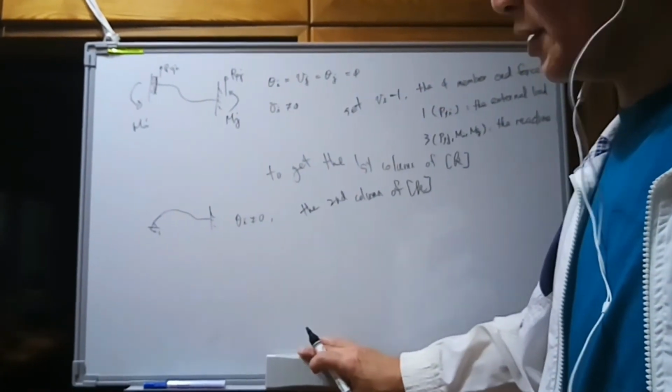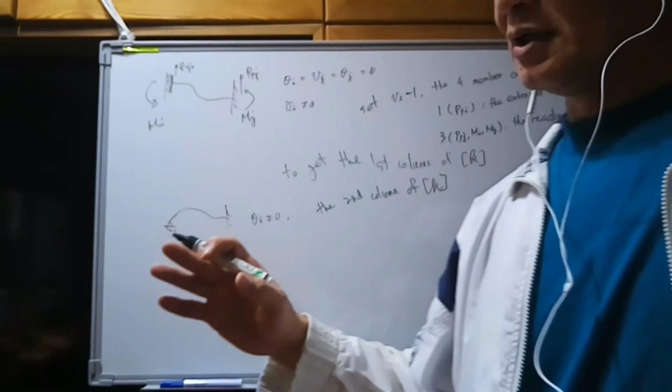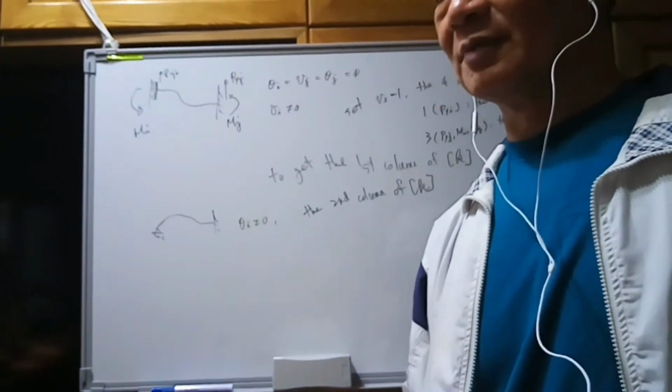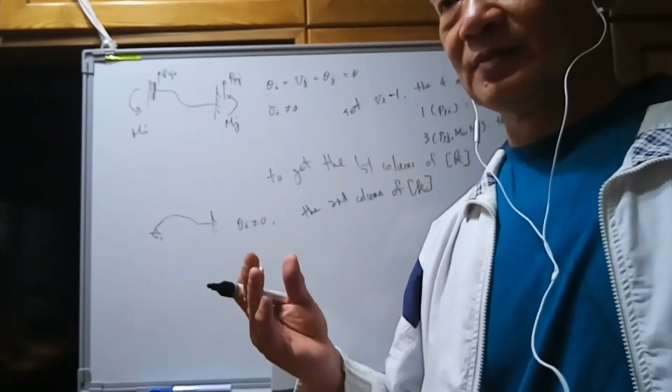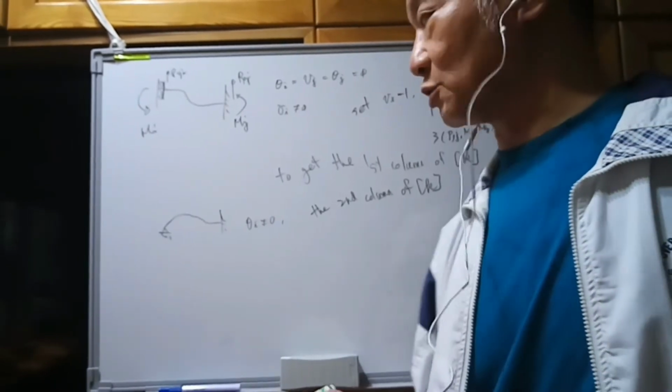So there are infinite possibilities to get part of the element stiffness matrix.